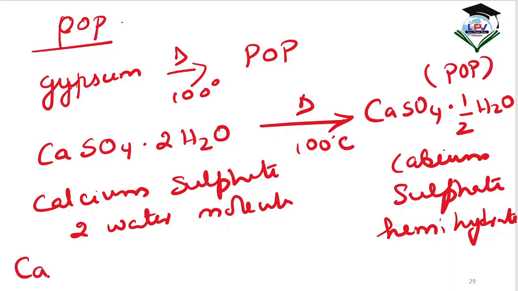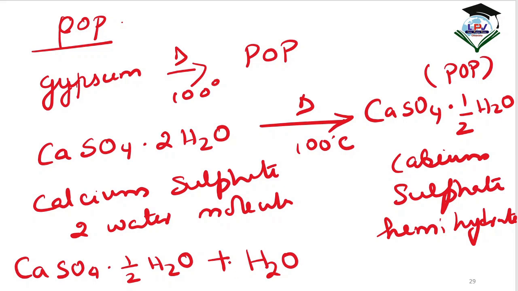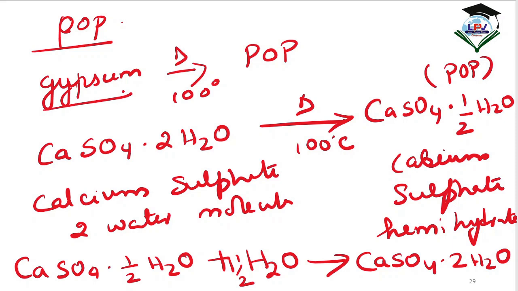When the plaster of Paris absorbs water from the atmosphere, or when water is added, it becomes calcium sulfate 2H2O, which is your gypsum.